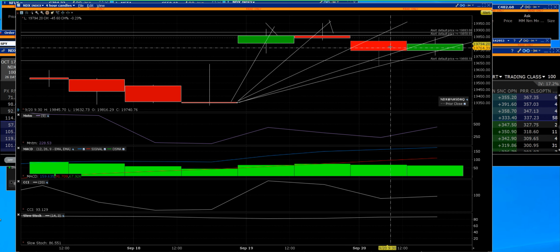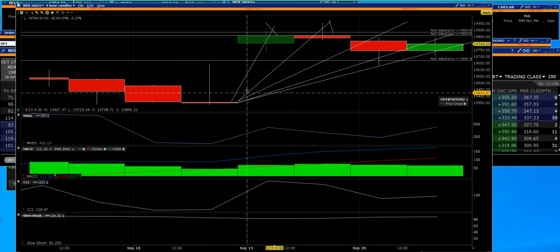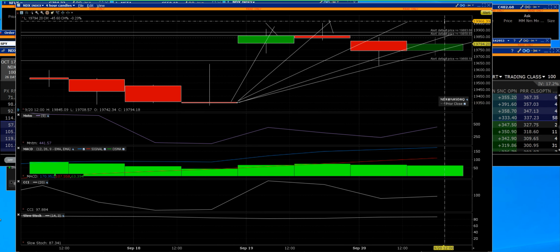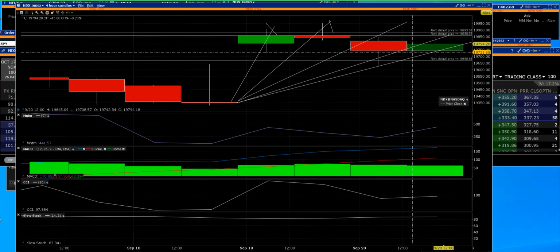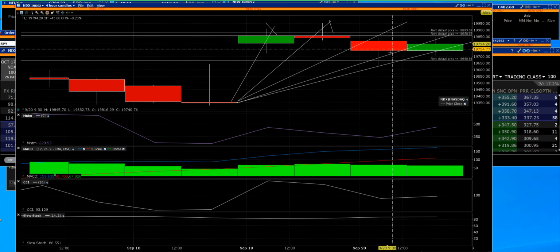Then on the third 4-hour candle, from the very same 4-hour candle low, drawing that trend line, you can see where the breakdown of the body of the 4-hourly candle is taking place, traders.